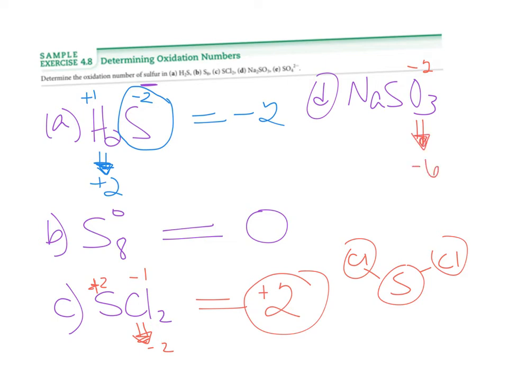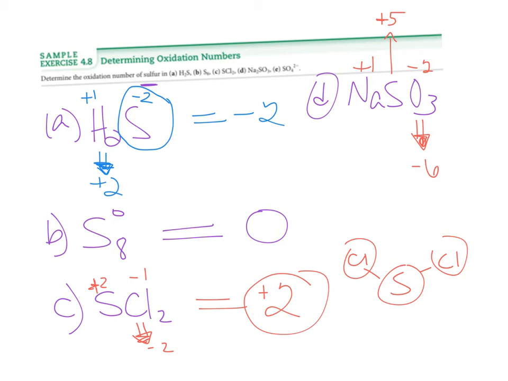I don't think I mentioned in the rules, but the group 1 metals tend to have a charge, well, they're ions, so they would have a charge of +1. So the sodium's going to be +1. So +1 plus -6 gives you -5, so the sulfur has to have an oxidation number of +4, because +1 plus +4 is +5, and +5 plus -6 gives you... clearly my math is off. The sulfur has to have an oxidation number of +5 because +1 plus +5 is +6, and +6 plus -6 gives you 0.